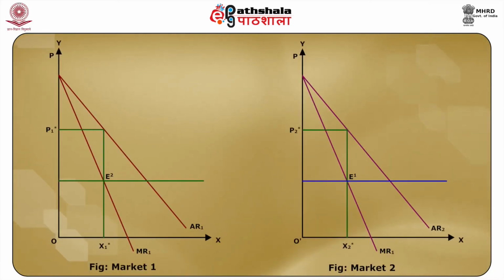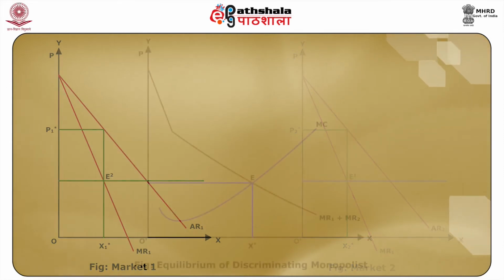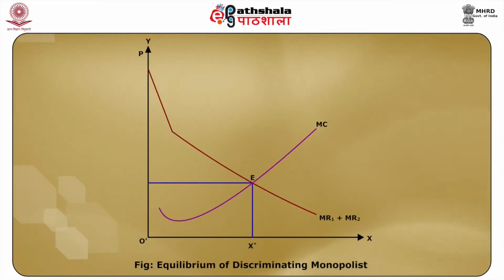In the figure, the marginal revenue and average revenue curves of the first and second markets are drawn. The combined marginal revenue curve is drawn by horizontally summing marginal revenue 1 and marginal revenue 2.